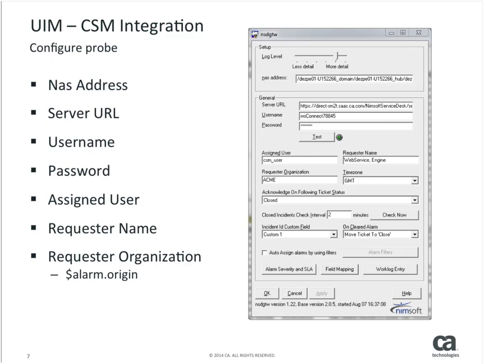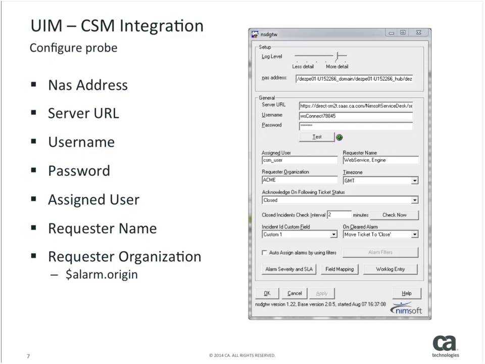Next, we have the requester organization, which is a company which manufactures everything in this case, and a time zone. Be aware that the time zone of URM and CSM need to be exactly the same, otherwise you might end up in very weird calculations regarding the SLAs due to the difference in the time zone.